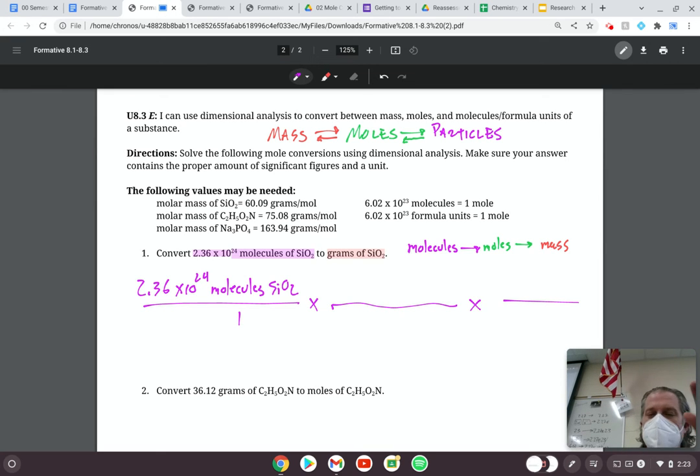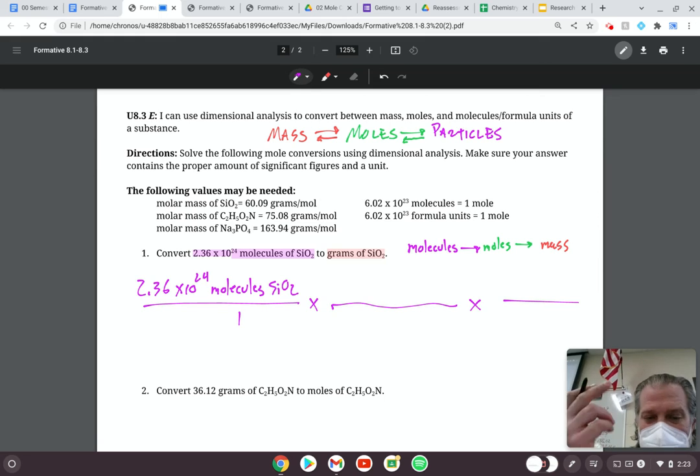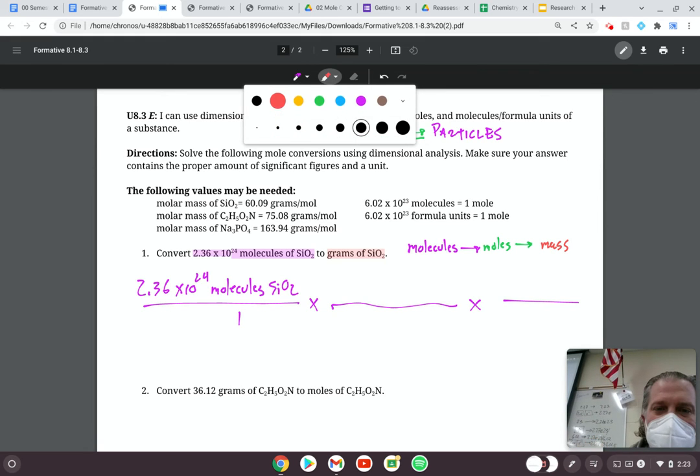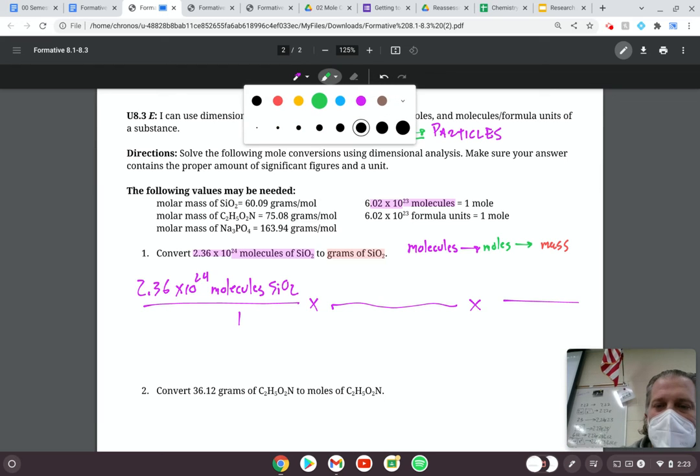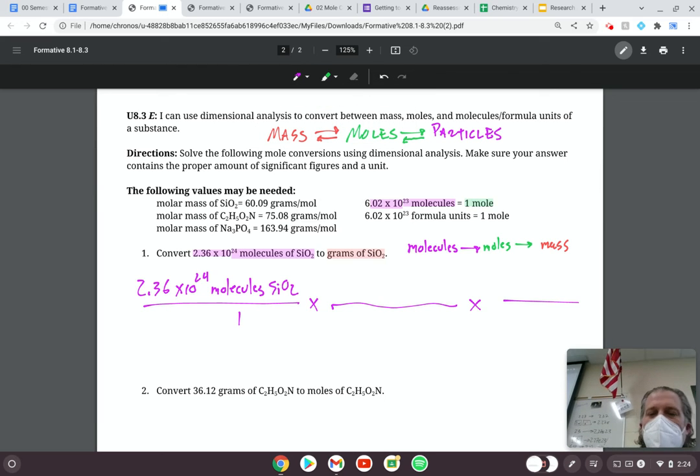Now, in this instance, I see up above that I have a relationship of 1 mole is equal to 6.02 times 10 to the 23rd molecules. So that's my relationship that I'm going to use to begin with.